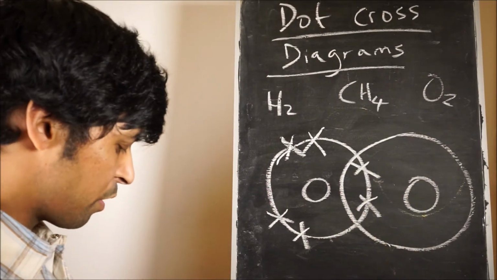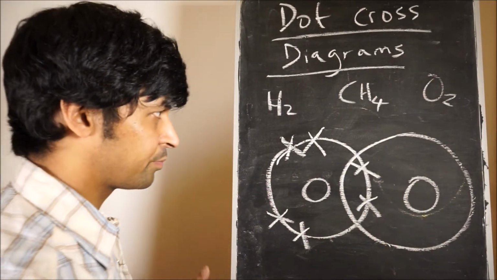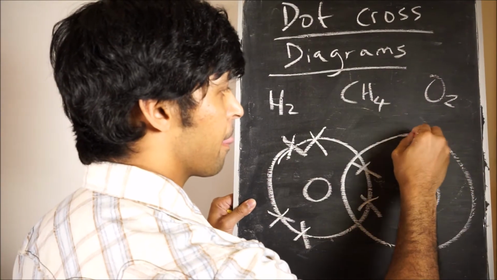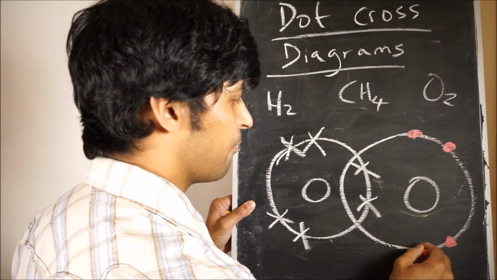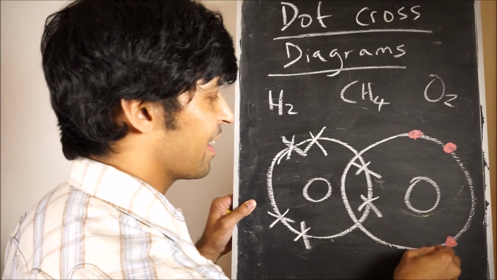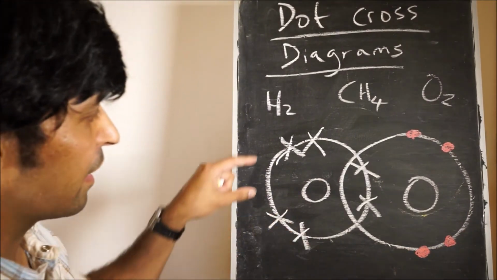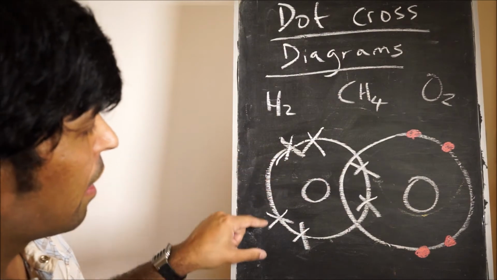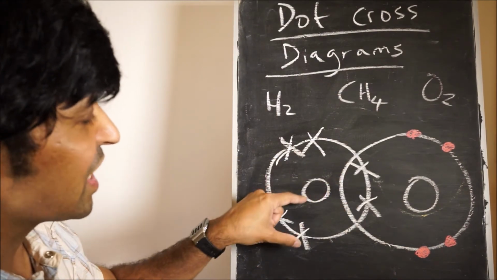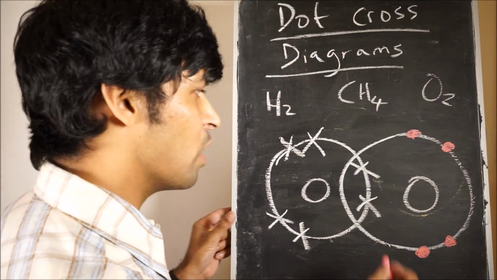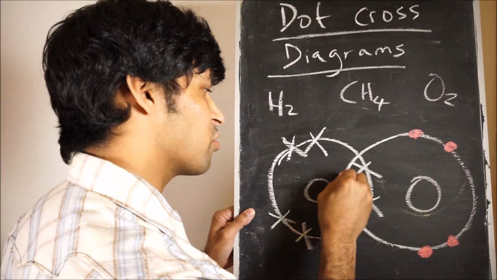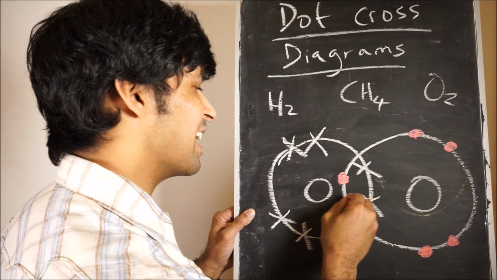Okay, and you've got another oxygen. And I'm going to draw those electrons as dots. And you've got 1, 2, 3, 4. Now this is the interesting thing. You've got 6 electrons, you're 2 short, so you need to share 2 electrons. So the electrons you're going to share are going to be like this.